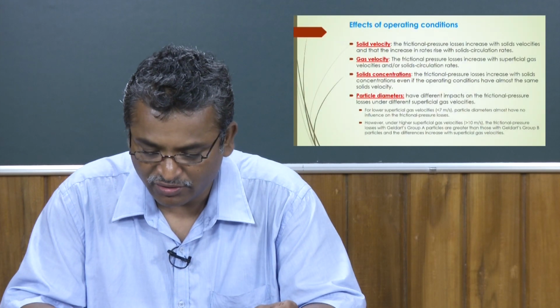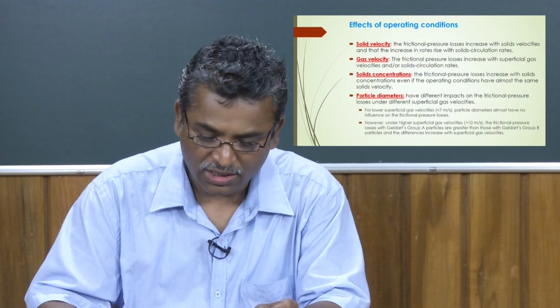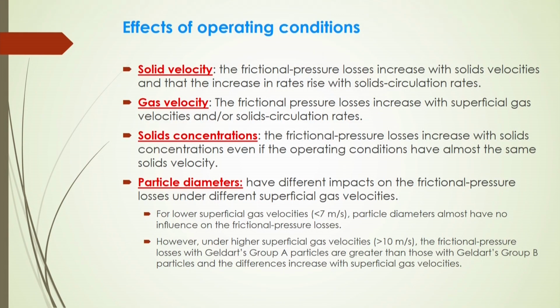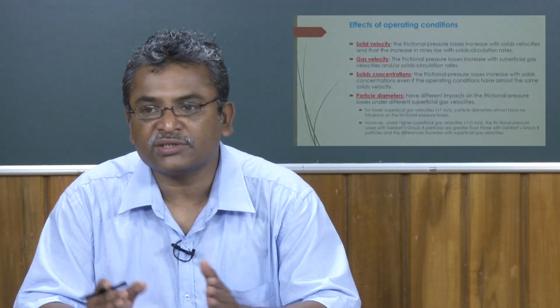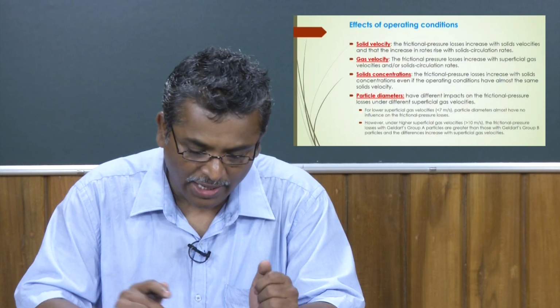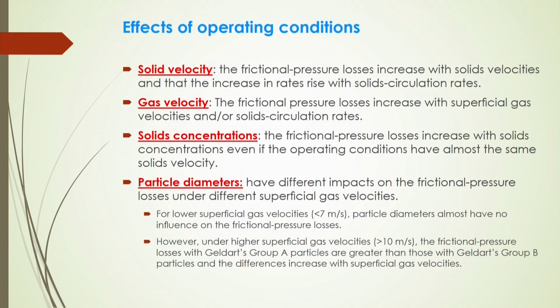If you increase the solid circulation rate inside the bed, you will see the frictional pressure drop increase, because solid-solid interaction and solid-wall interaction will be higher. And if you increase the gas velocity, of course, the frictional pressure loss increases with superficial gas velocity or solid circulation rate.